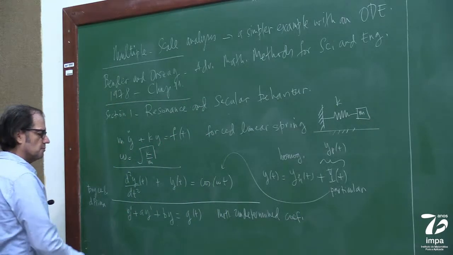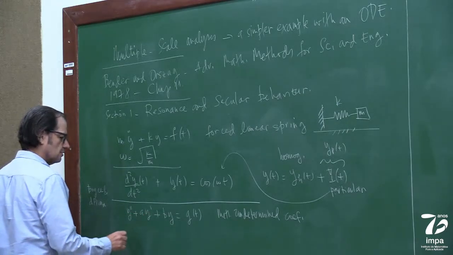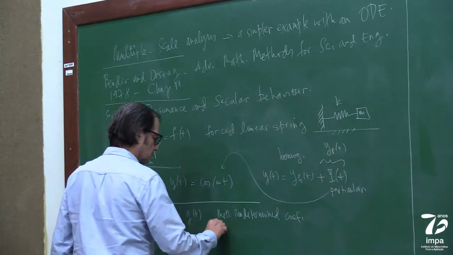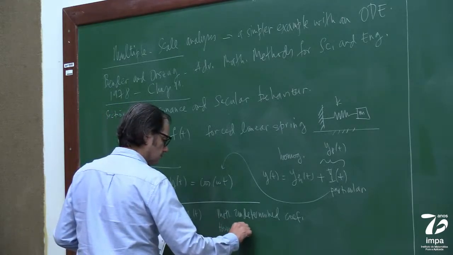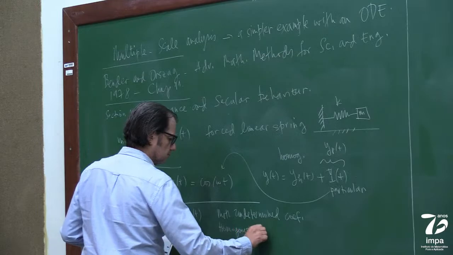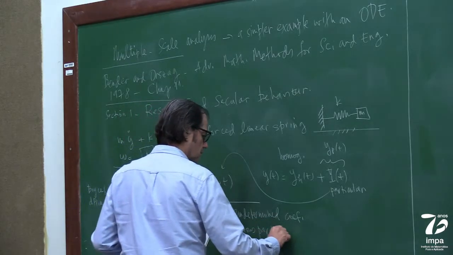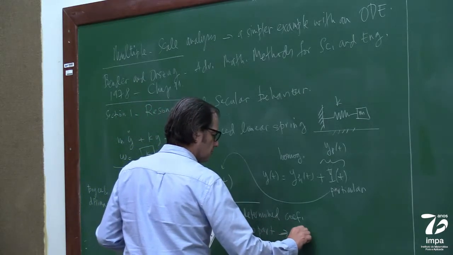For the homogeneous part, these are constant coefficients. For the homogeneous part, we can go to the characteristic polynomial.